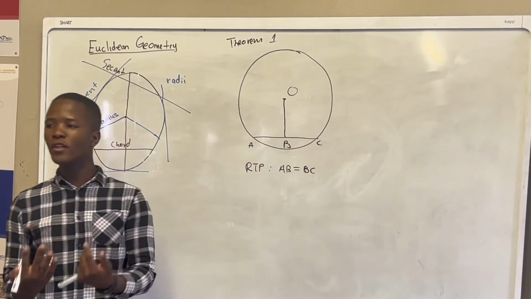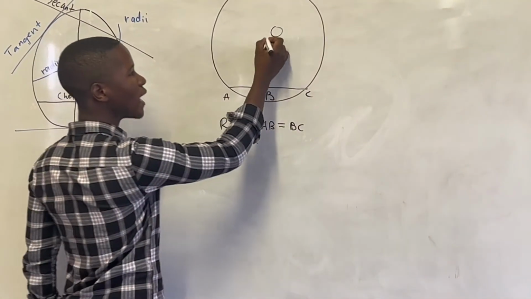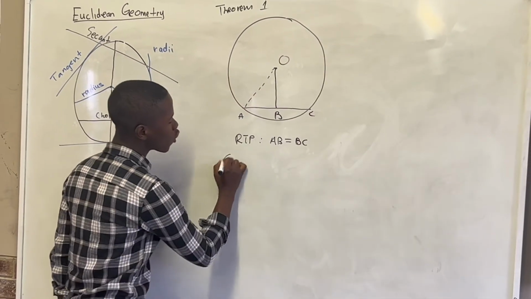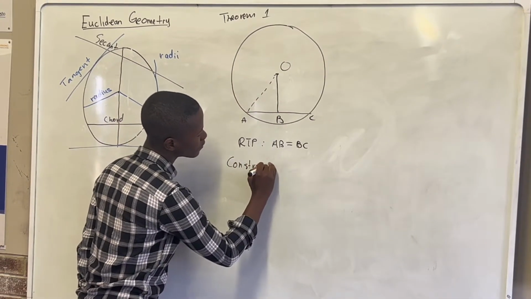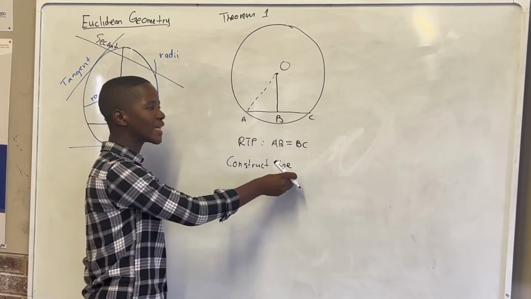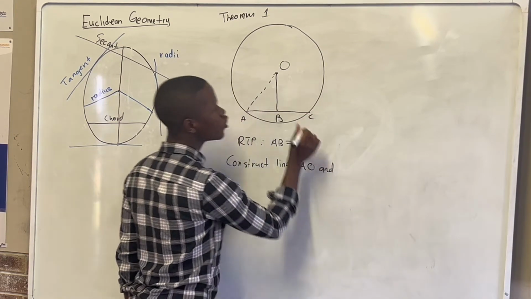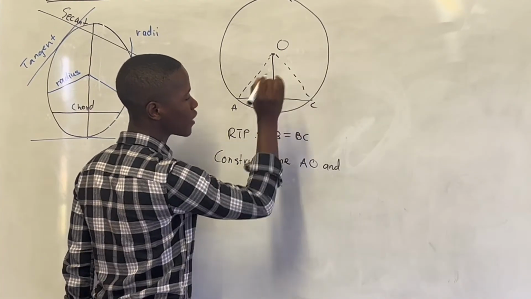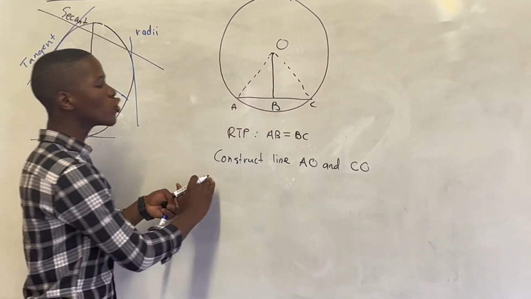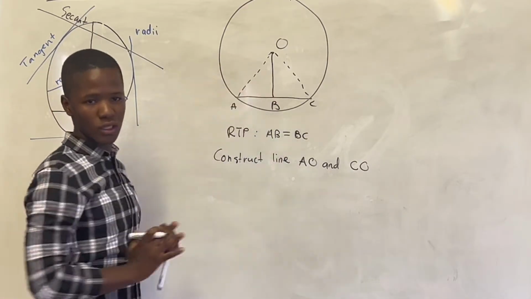We are going to firstly provide what we call the construction. How do we construct? You are going to construct line, or radius, AO, and also CO. These are the constructions that are required of you when you are starting with this theorem.